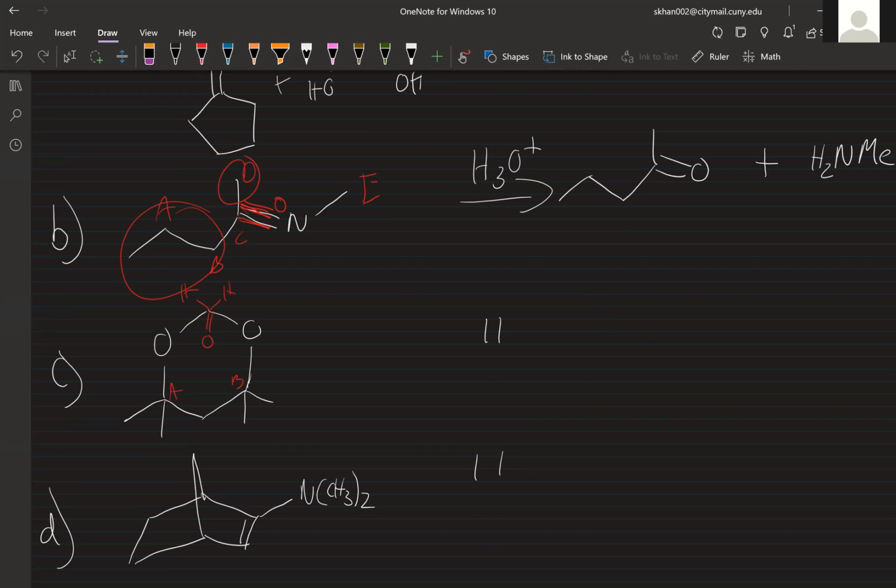For those who might be getting confused, like I said, just practice identifying these groups. So this was actually our original carbonyl. This is where it's important to see what the R groups are. What ketone would it be?